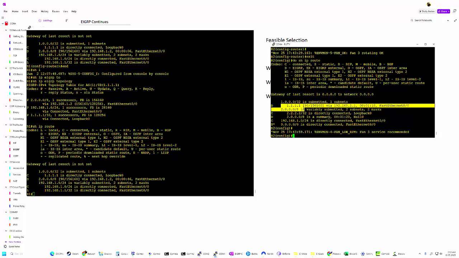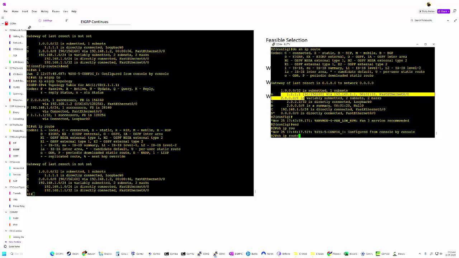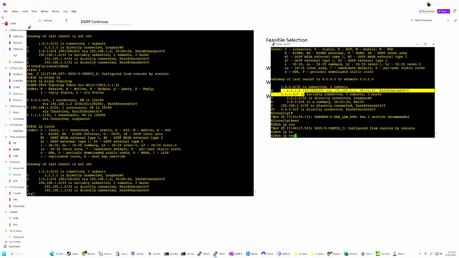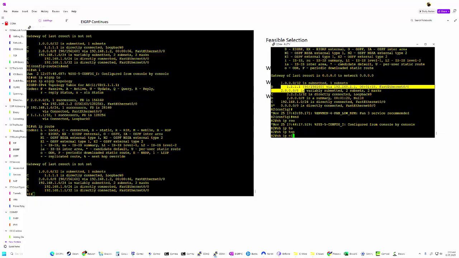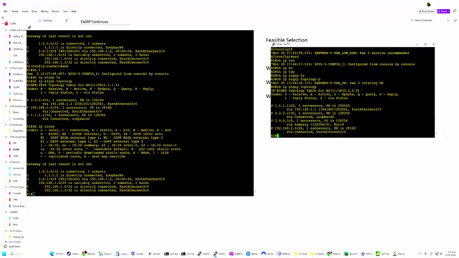Okay, so for 2.2.2.2, the feasible distance is 128,256. In this topology, 2.2.2.2 is 128,256.